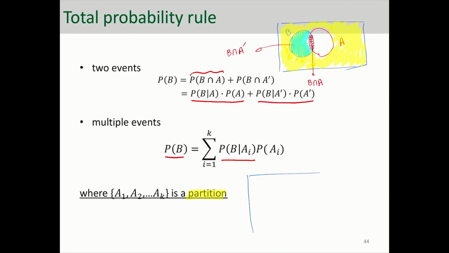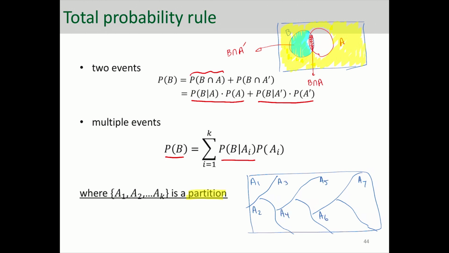So let's say you have this Venn diagram, a sample space, and then you have a partition A1 to Ak. Basically, imagine a partition. And you remember, a partition is a set of events that do not intersect with each other, but they cover the whole sample space, A1 to A7. In this case, our sample space is a partition of 7 events.